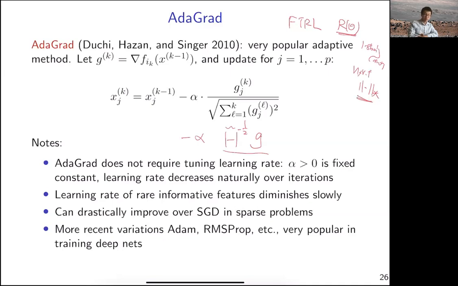Sometimes the improvement is exponential, so you go from square root of n to log n.